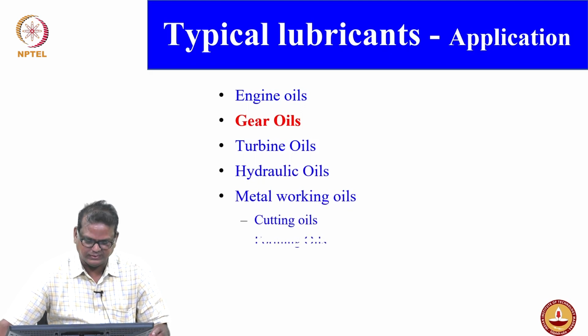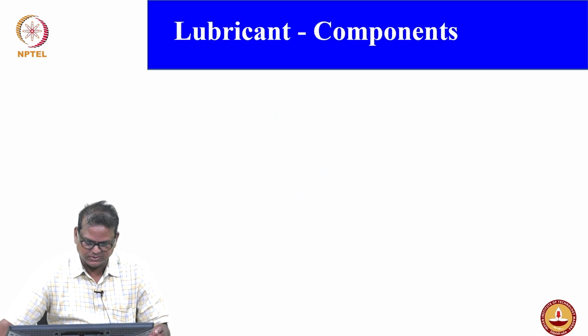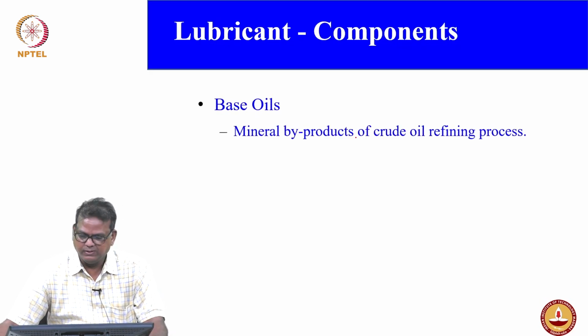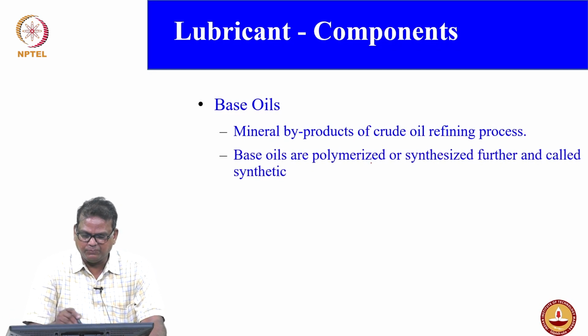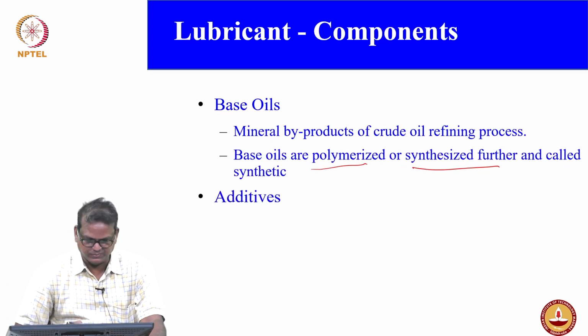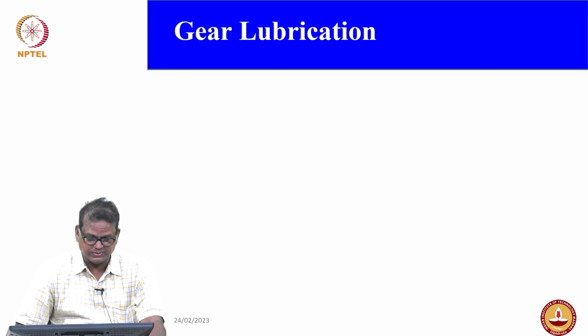In that again cutting oils, forming oil, then rust preventive. Usually the lubricant will consist of base oil, which is mineral byproducts, or synthesized if it is a synthetic oil. Additives are the ones that enhance the performance. We can have natural additives and synthetic additives.